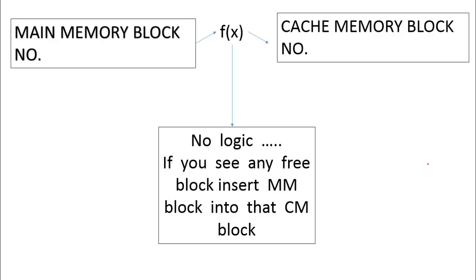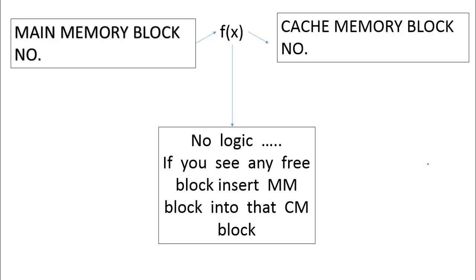Let's not go into the details of that algorithm, but one thing you have to focus on is that in case of associative mapping, there is absolutely no mathematical rule according to which you have to insert your main memory block number into your cache memory block number. Any main memory block number can be inserted into any cache memory block number. That's the whole scenario of associative mapping.